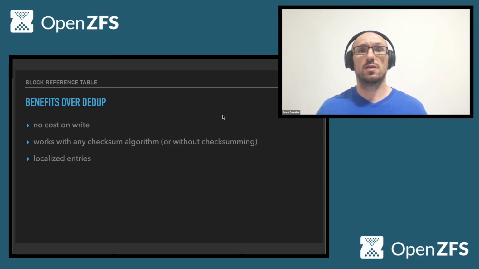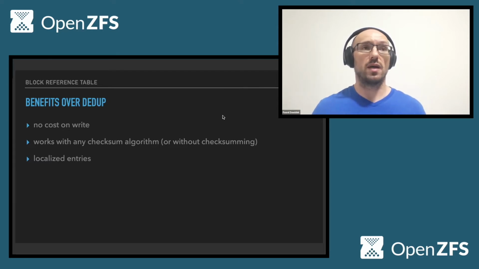You don't need a cryptographically strong checksum in order to use the block reference table, because we don't care about the checksum itself. Another benefit is that with the dedupe table, because we use a cryptographically strong checksum, the blocks are scattered throughout the entire dedupe table.